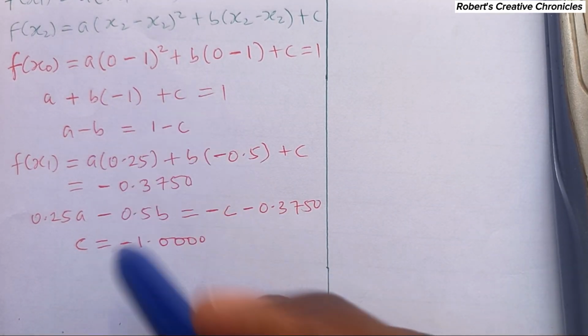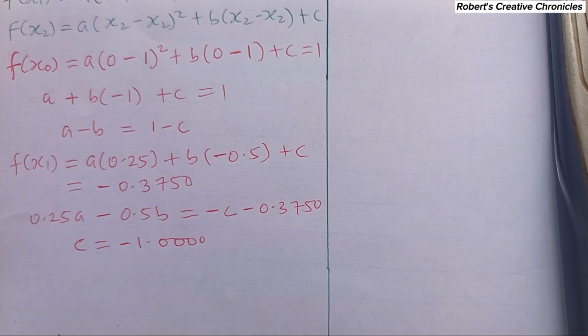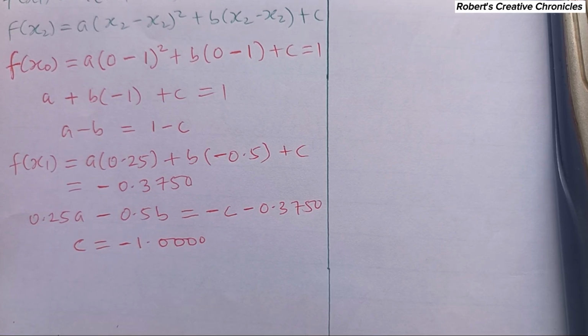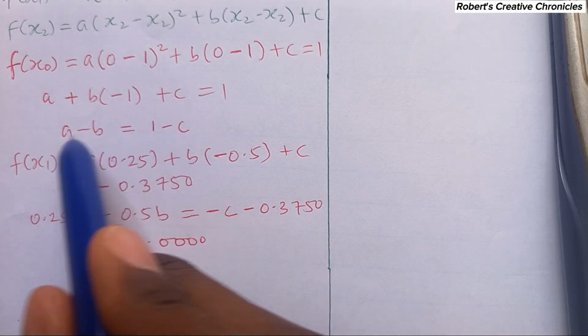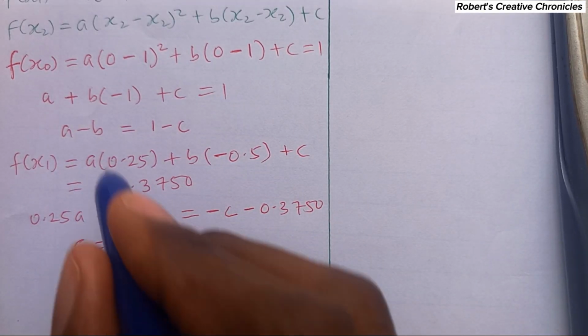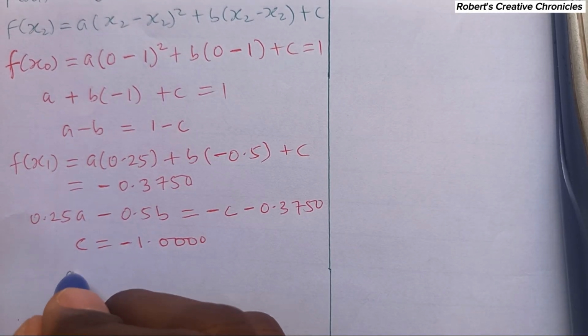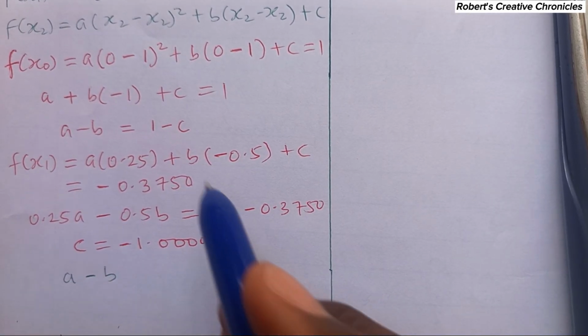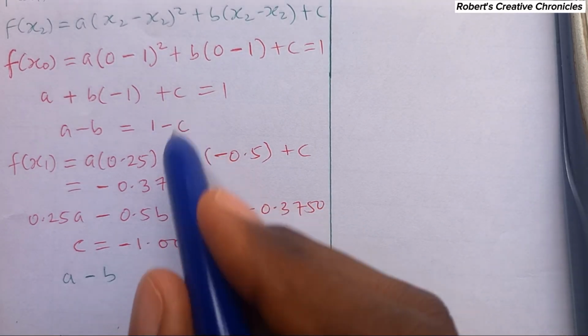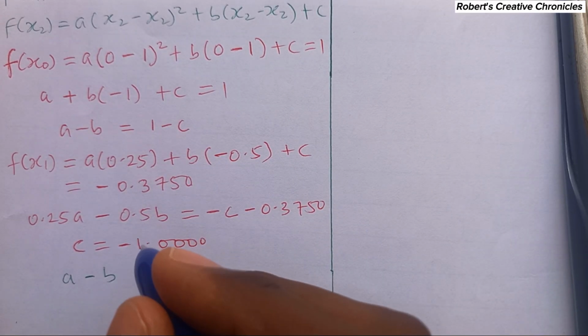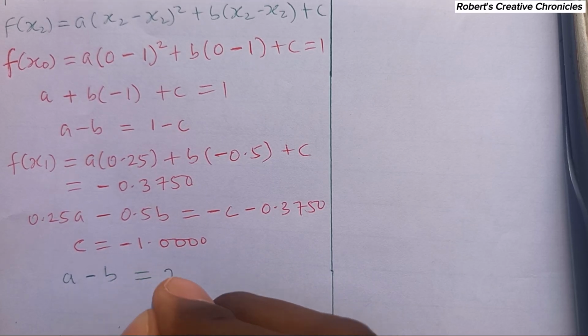Now we can substitute c in these two. This one becomes a minus b equals 1 minus c, which is 1 minus minus 1, which is 2. So a minus b is equal to 2.